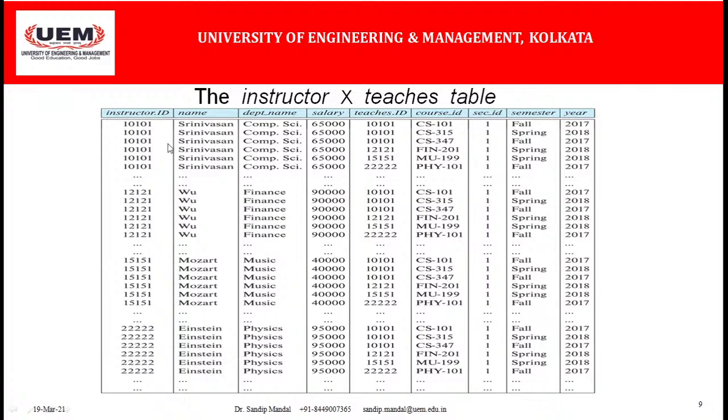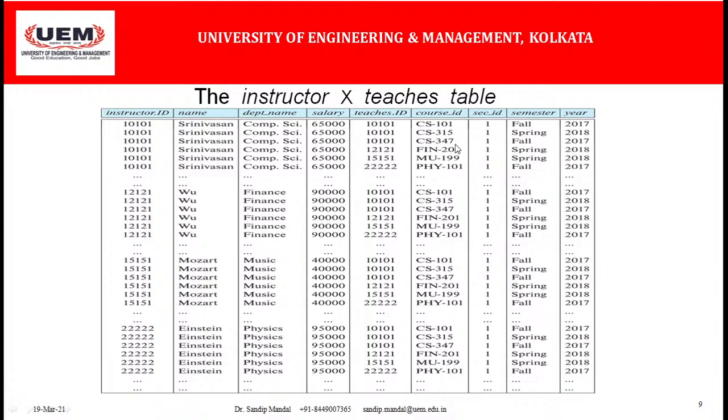Okay, so if we check the previous example, most of the tuples have no role. Why do most of the tuples have no role? For example, here the instructor ID is 101 and in the teachers part the instructor ID is 101, meaning the ID 101, Srinivasan from the Department of Computer Science, whose salary is 65,000, is taking the courses CS 101, CS 315 and CS 347.